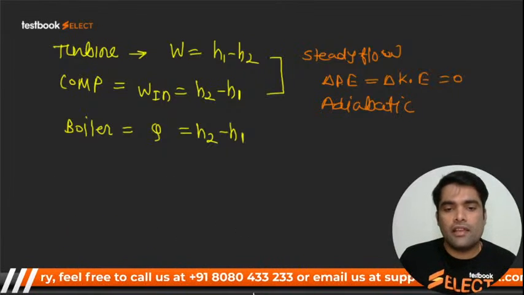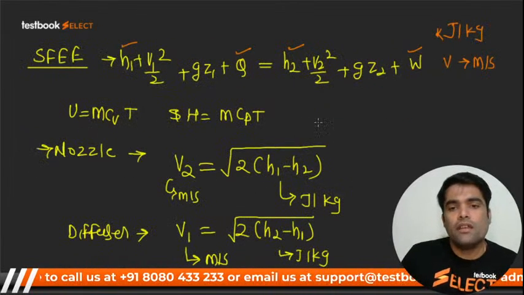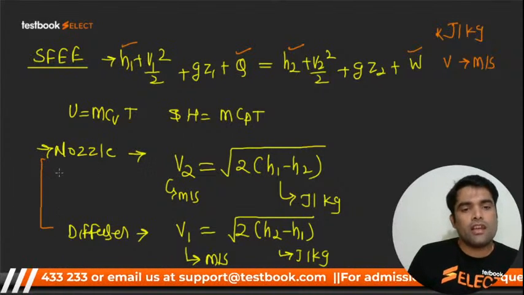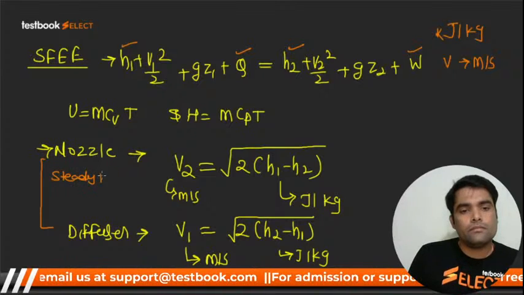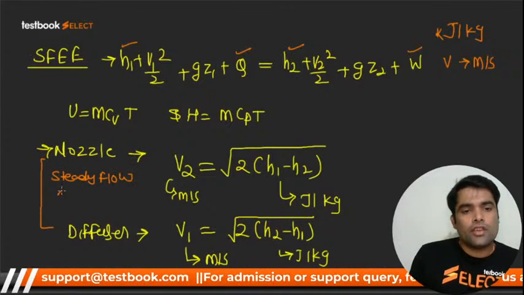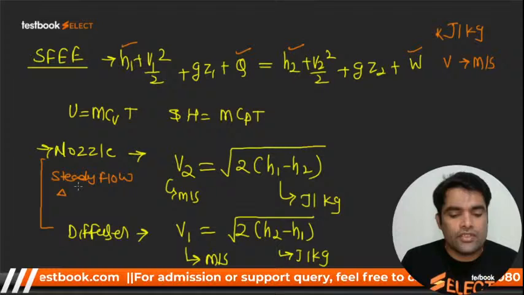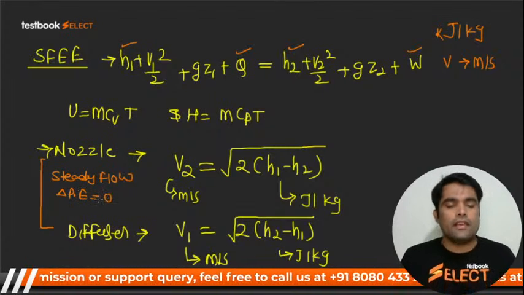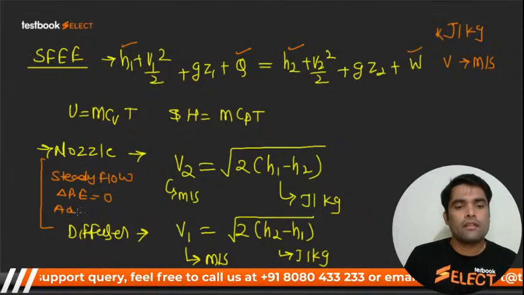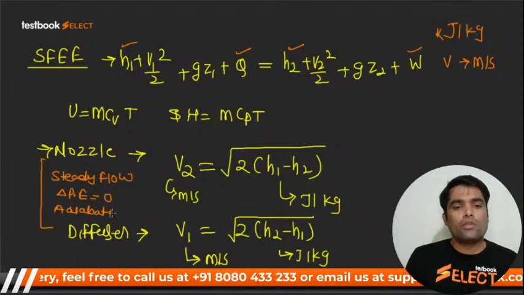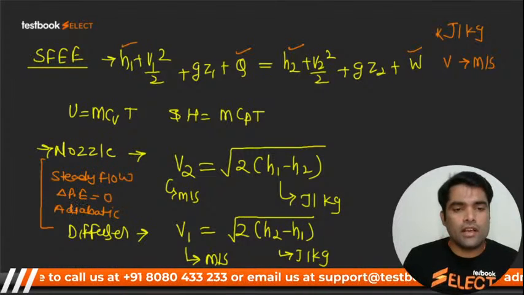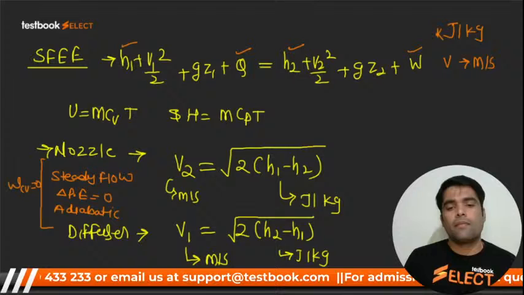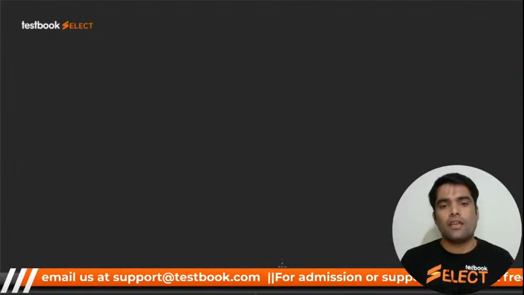In the earlier case, that is in nozzle and diffuser, what should be the assumptions? Steady flow, change in potential energy is 0, adiabatic, and one more thing: W of control volume will be 0. Right?